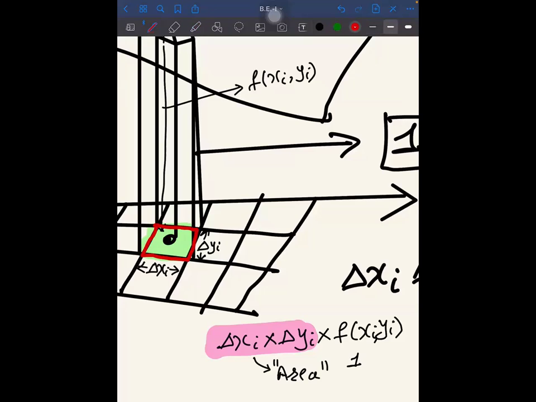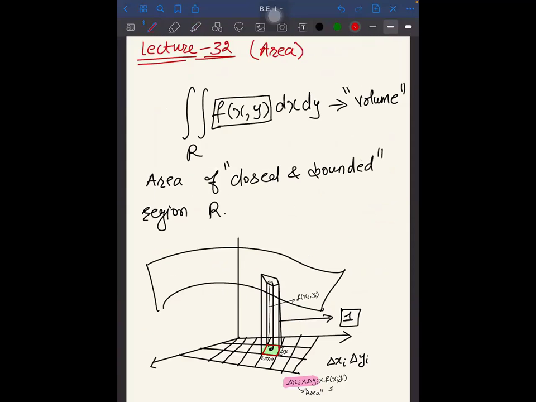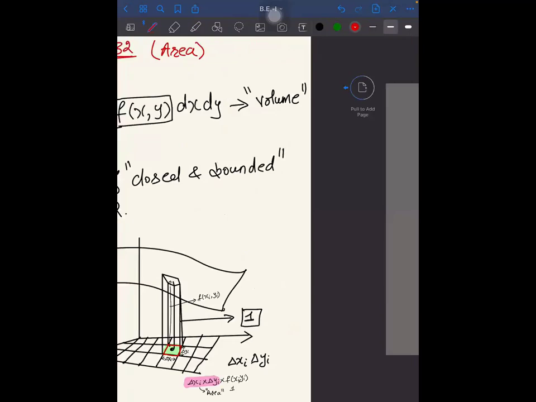So let's say we want to get the area out of this expression. We'll do just one thing: we'll keep f of xy to be 1. The quantity we obtain after computing that double integral will represent the area of the region R, which should be closed and bounded.